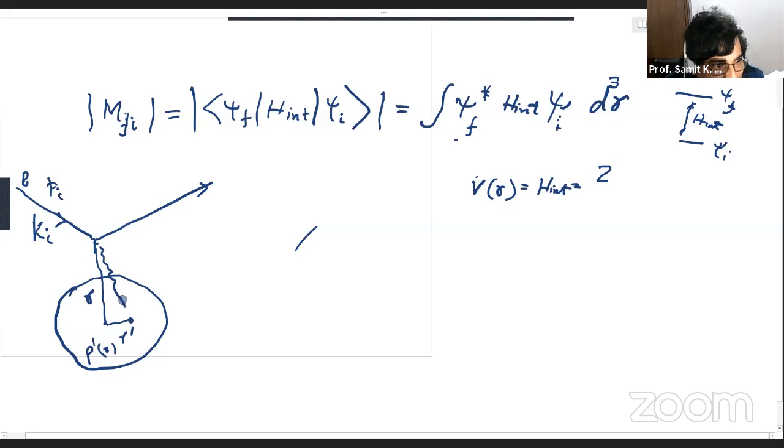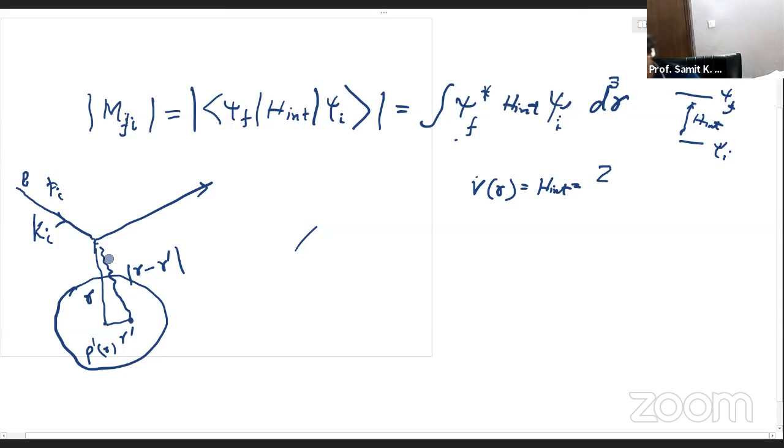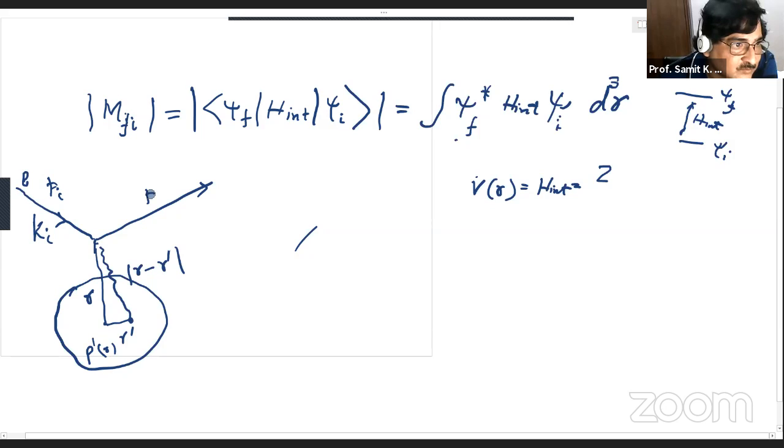That means the distance is r minus r prime, or vice versa, because I am taking the modulus. After this interaction, the electron can be scattered elastically or inelastically, but for the time being we say some type of scattering, and then the momentum will change from p i to p f, and the corresponding wave number is k f. All are vector quantities.